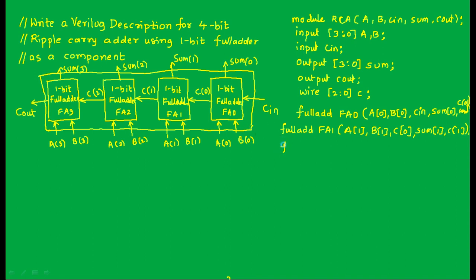Similarly, you can write for full adders FA2 and FA3. FA2: A of 2, B of 2, C1 acts as an input, sum of 2 and C2.